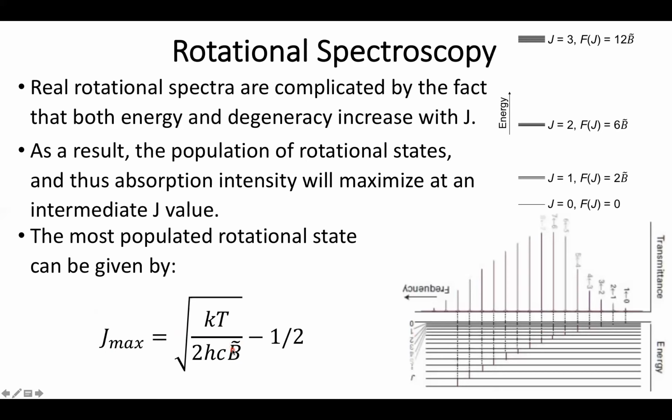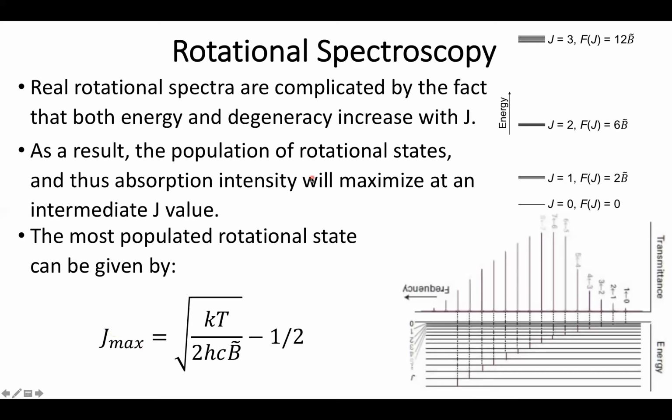So one of the things to make note of: the higher the energy spacing, the more likely that I'm going to populate a lower rotational state. With higher temperature, again, there's more energy to occupy those excited states, so the more likely I am to occupy high energy J states with their larger degeneracies.